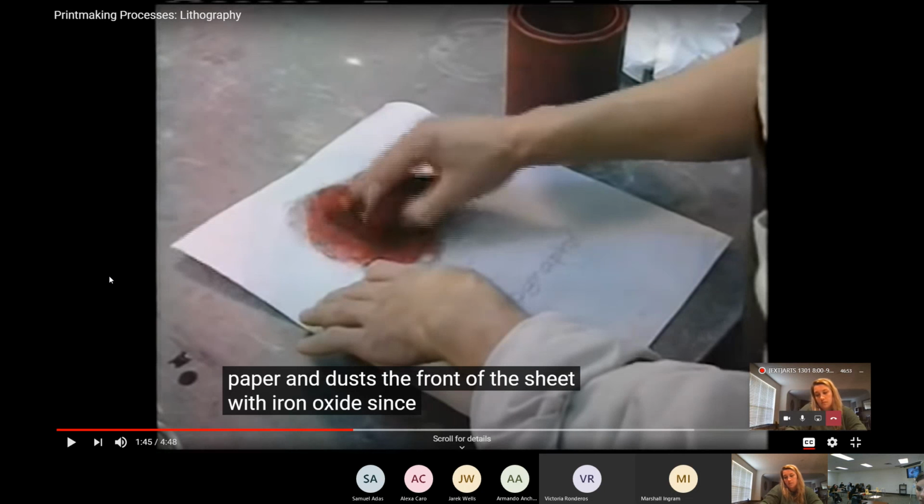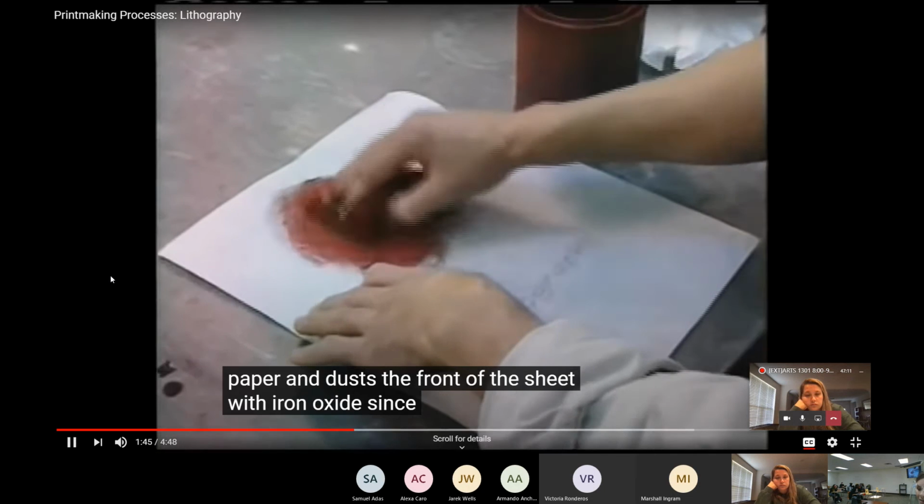So he drew a tree and the word lithography onto tracing paper, and now he's putting a red iron oxide on it, and then he's going to put that onto the grease. The iron oxide is going to in turn stick to the grease when he retraces over that in a reverse image.